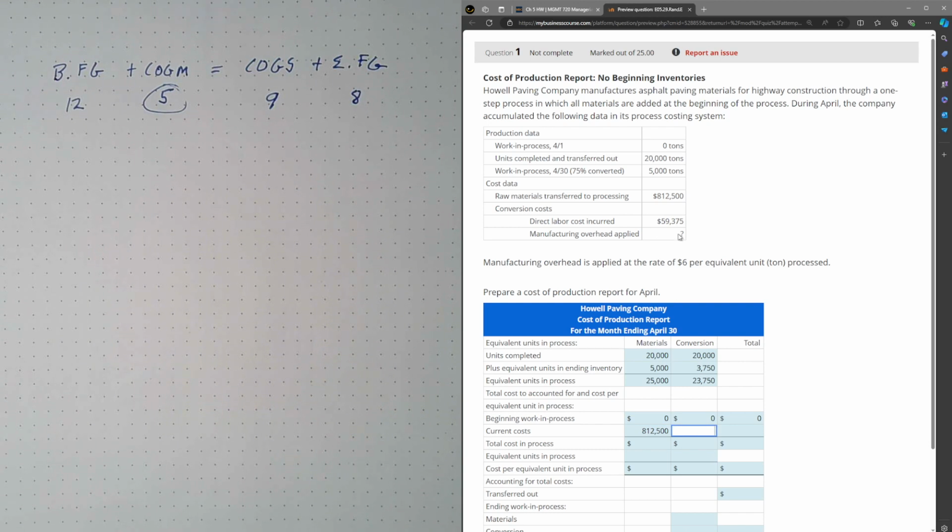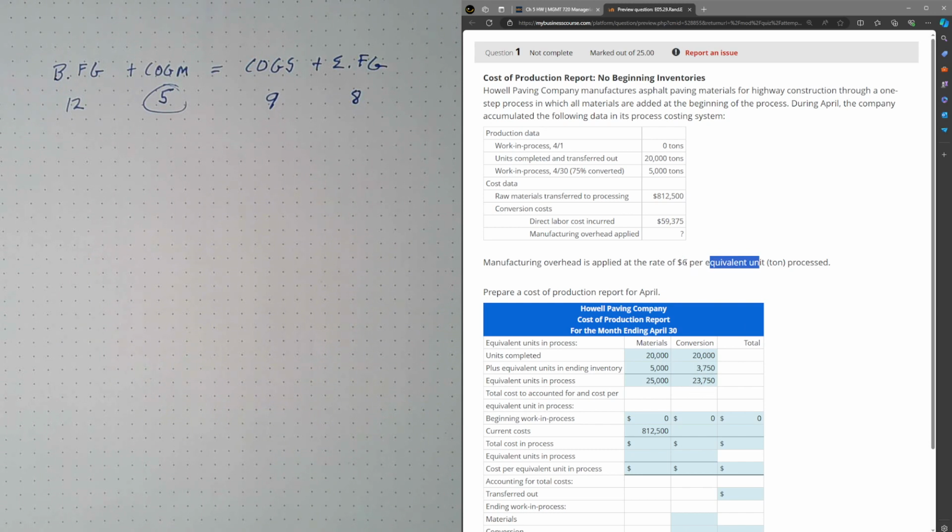Well, you notice they don't give us one number. They only give us part of the number. They give us 59,375. And then they say manufacturing overhead rate is applied at $6 per equivalent ton. Well, they're not super clear, but I'm going to guess they mean $6 per equivalent unit of conversion cost, because they're talking about the equivalent units, not the actual tons. So the equivalent units is 23,750.